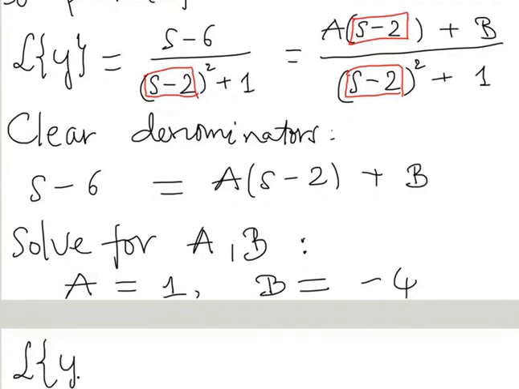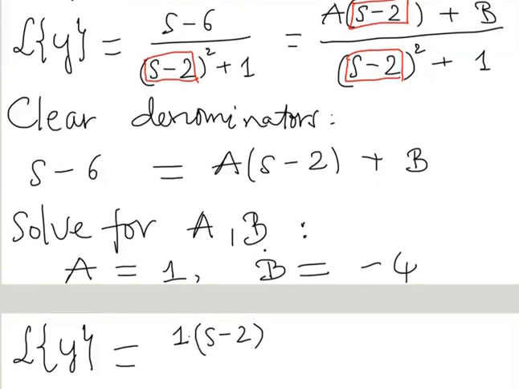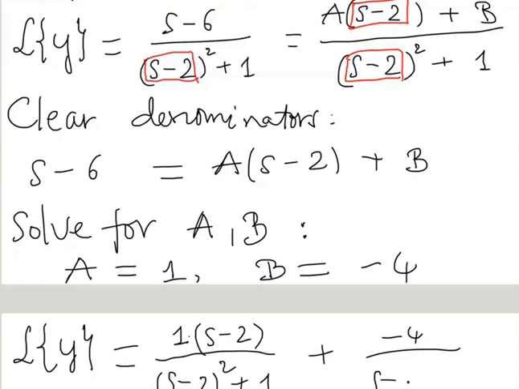So we have the Laplace transform of y in partial fractions as 1 times 1 over s minus 2, and then b is negative 4 divided by (s minus 2) squared plus 1.